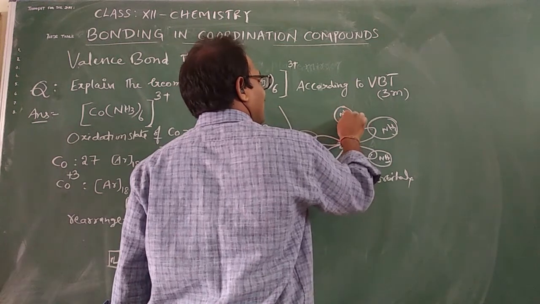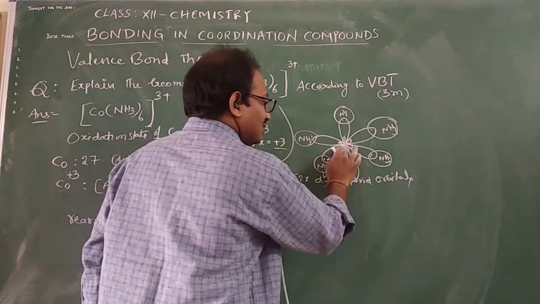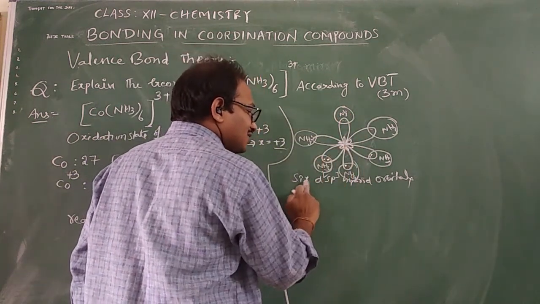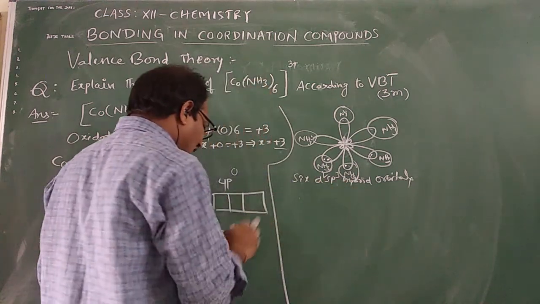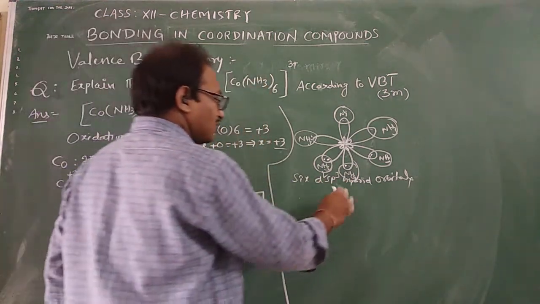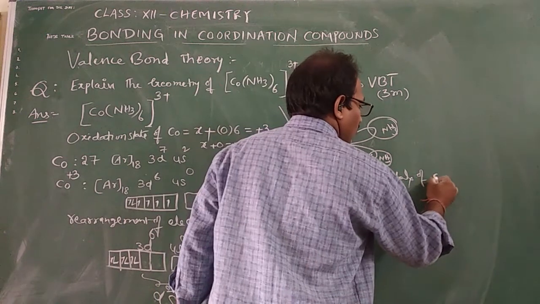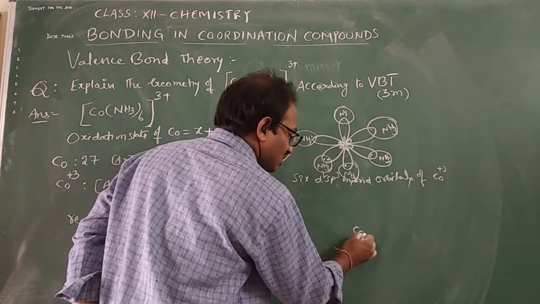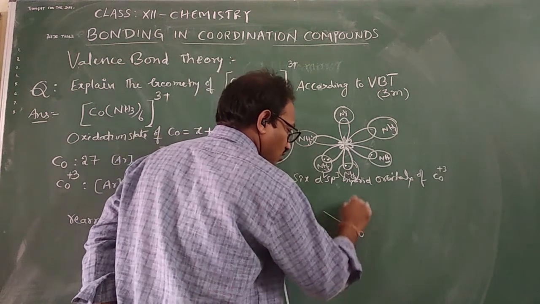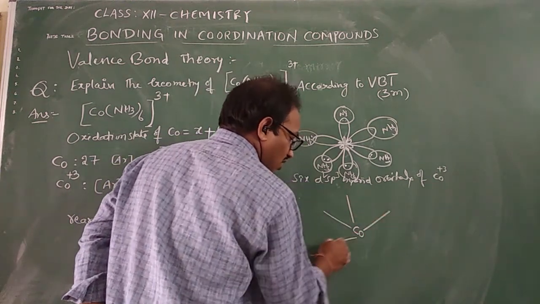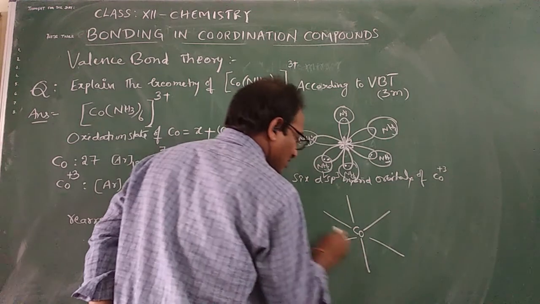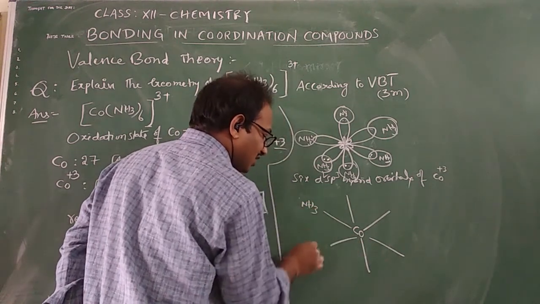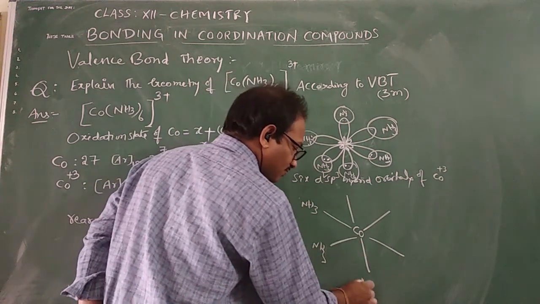Now, if I ask about the geometry based on these 6 d2sp3 orbitals, of which atom? Orbitals of cobalt, Co3+. Now, if I draw the structure of Co, now you can understand the geometry. This is ammonia. 6 ammonias are there.